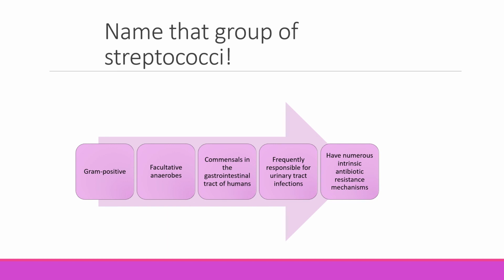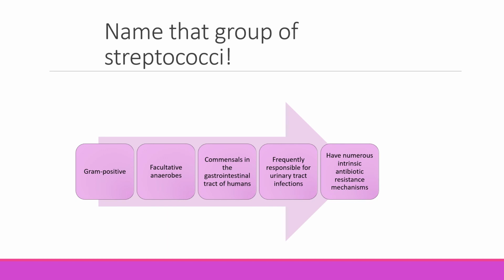Now, they are gram-positive facultative, same as the rest. They're either alpha hemolytic or gamma hemolytic, so they do break down some red blood cells, and then other strains do not. The two most common are faecalis and faecium, and they are the most prevalent species cultured from humans.